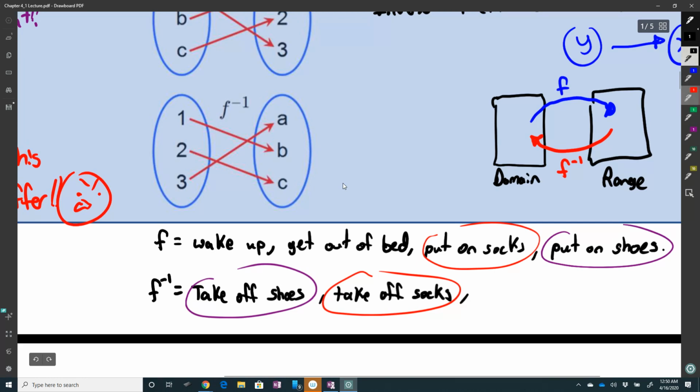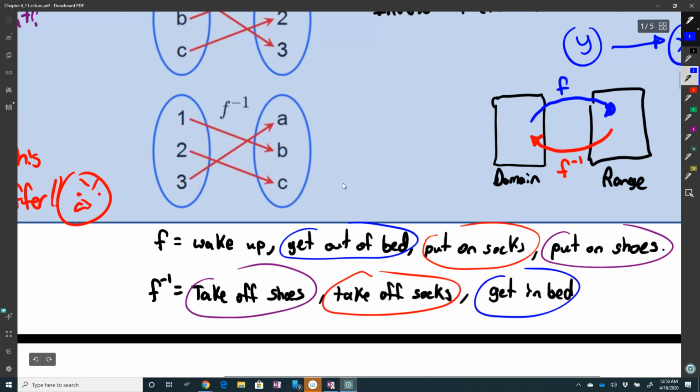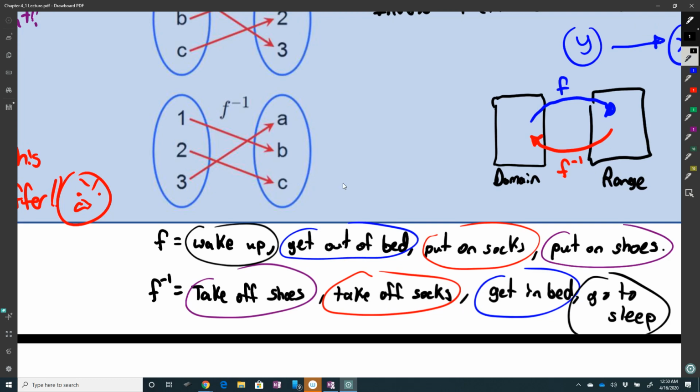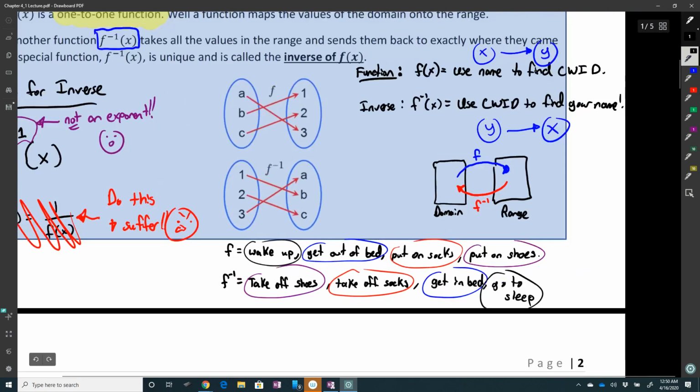And then the opposite of get out of bed would be get in bed. And then the opposite of waking up, running out of colors here, would be go to sleep. So that's what an inverse does. It undoes everything in the opposite order.